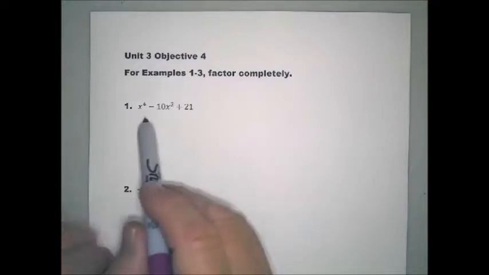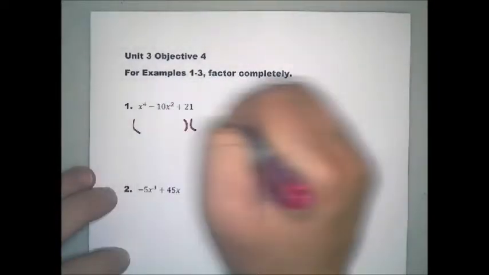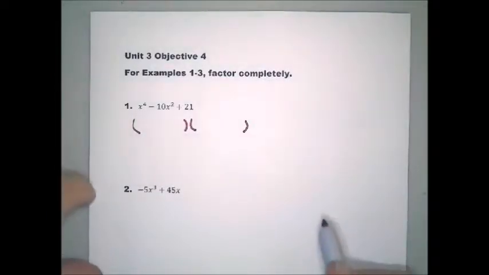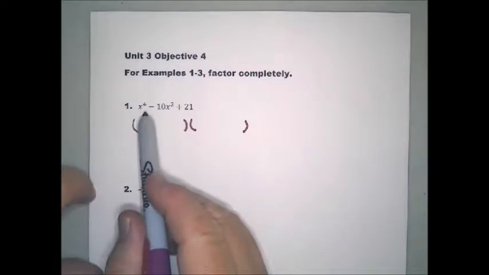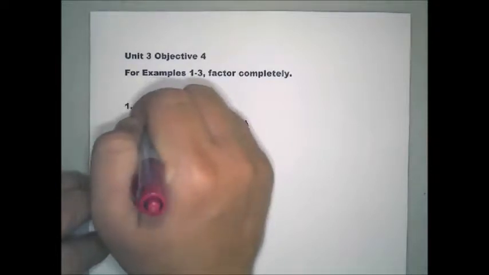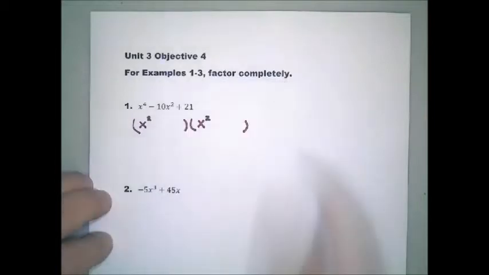Now, this first problem is pretty much the basic trinomial factor process, with the exception that the first term is not x squared, it's x to the fourth, which means my first two terms are not x and x, they are x squared and x squared, but the rest of the problem is the same.